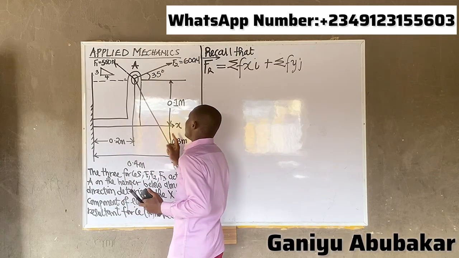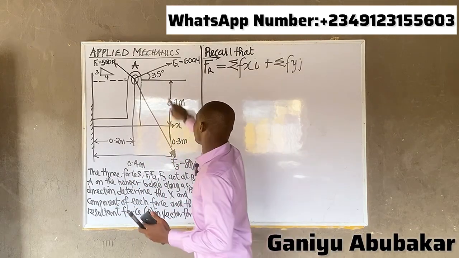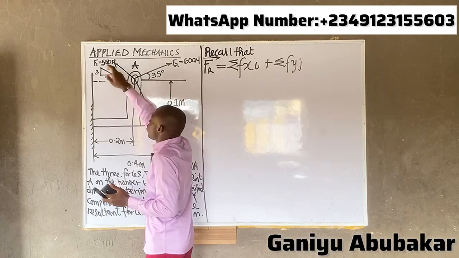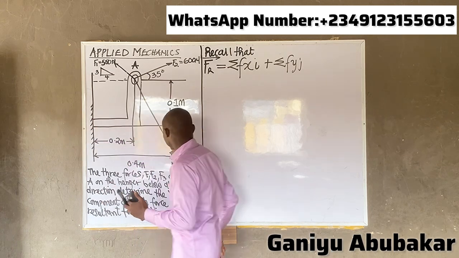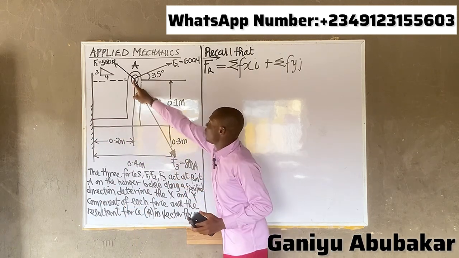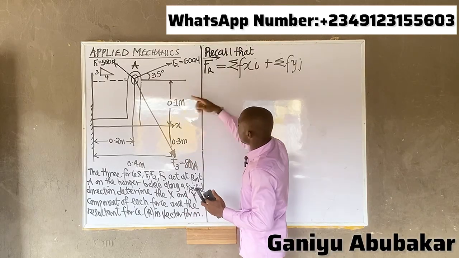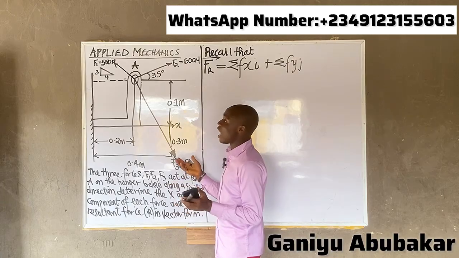Here's the idea. What we have been doing so far is force and angle. F2 has a force and angle, no problem, I can resolve it. But this one here has just a force, no angle, so let's get the angle. Also F3, to this horizontal there is no angle here, so I'm going to look for the F3 angle.